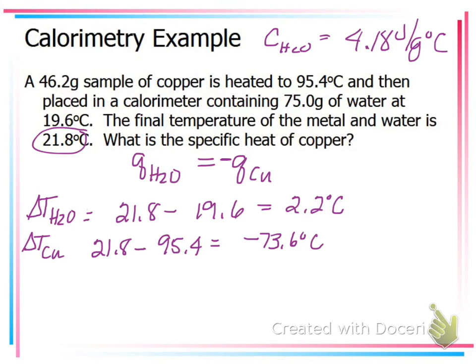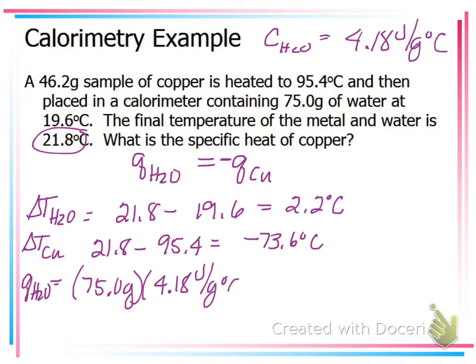Okay? So now we can get how much water gained. So my water was 75 grams. 4.18 joules per gram degrees C, and then 2.2.